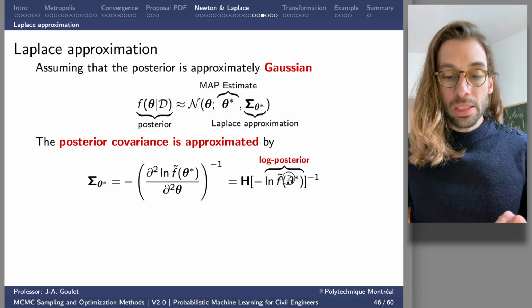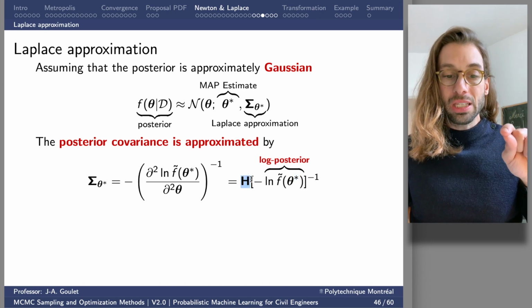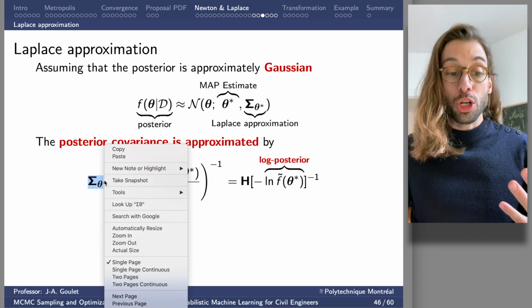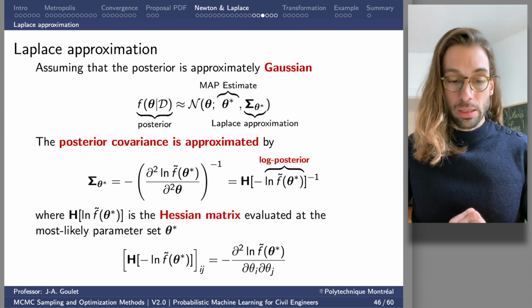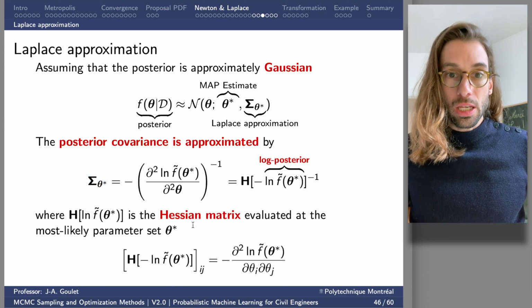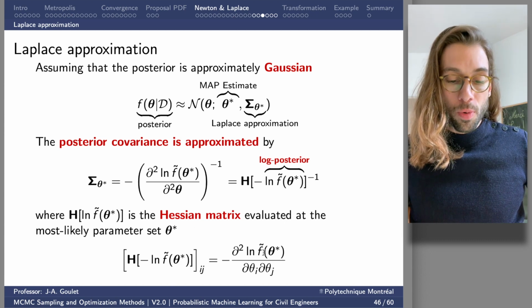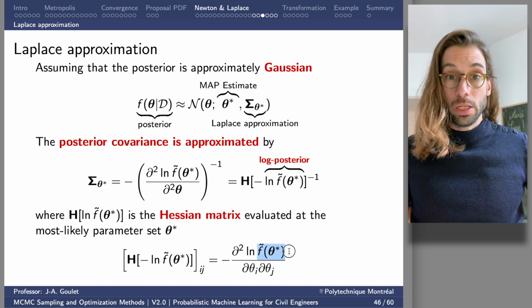I find theta star using an optimization algorithm, I find my Hessian matrix, I invert it, and I obtain a relatively cheap approximation for my posterior covariance. As I mentioned, my Hessian matrix is a square matrix that contains the second order partial derivatives of the log of my unnormalized posterior.